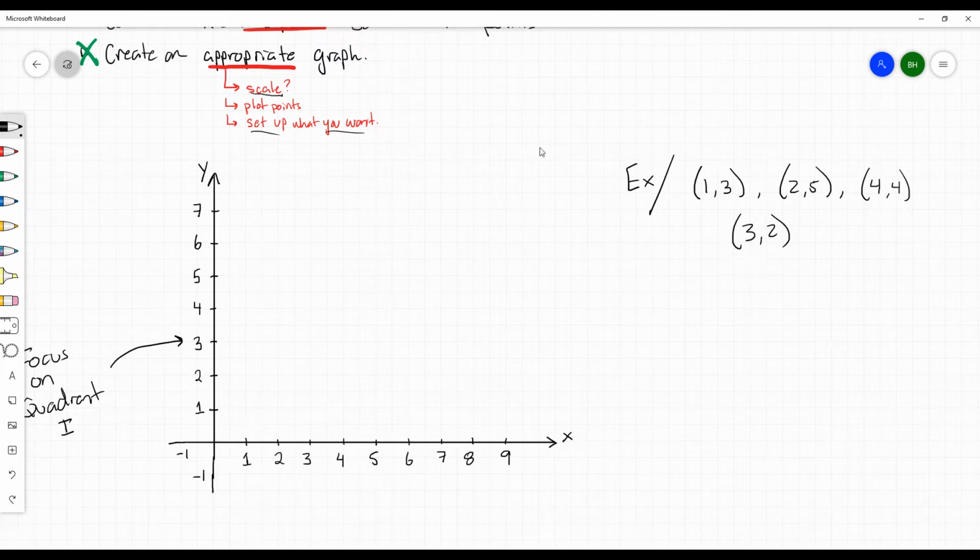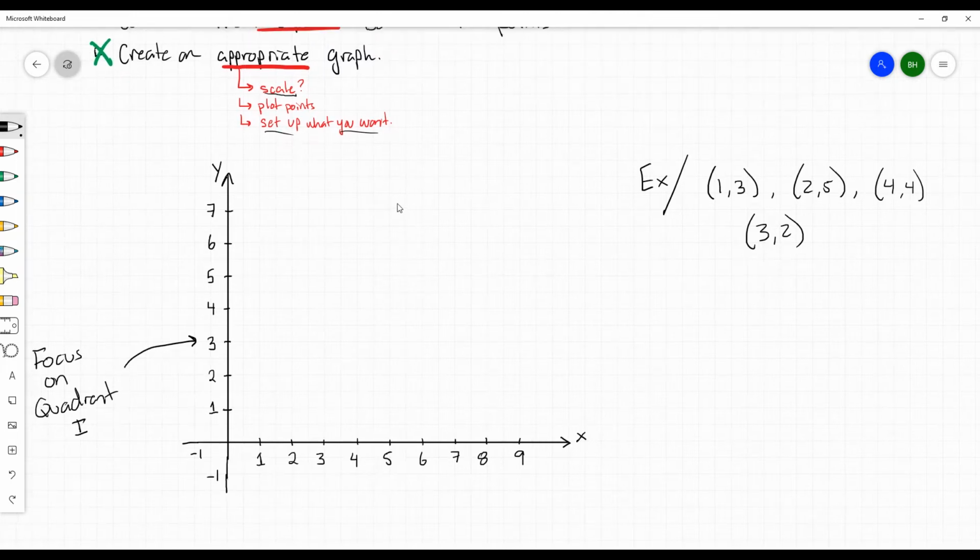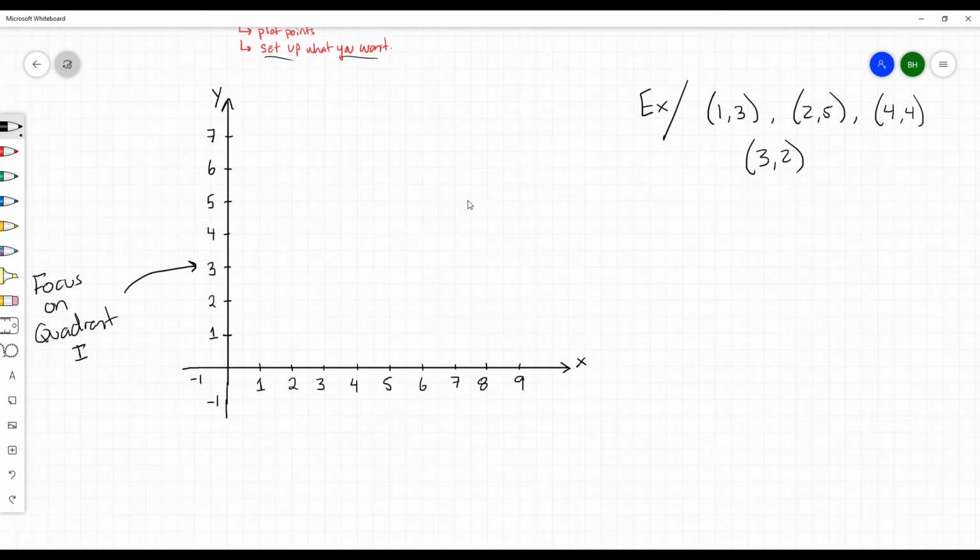How do we plot a point? Because a lot of students have that question. It'll be in the graphing video, but just in case you forgot, a point consists of 2 numeric values. In this case, we have integer values. A point is x and y.